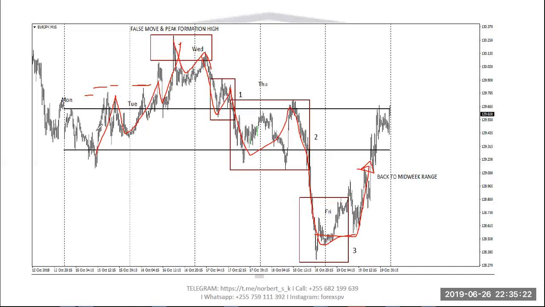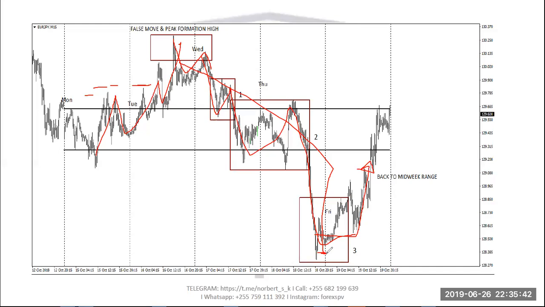Any news from Tuesday New York going to the end of Thursday, the dealer would use the news to complete the cycle.